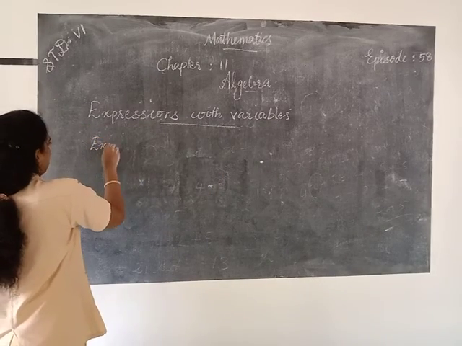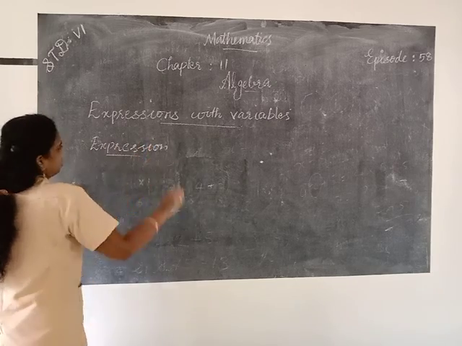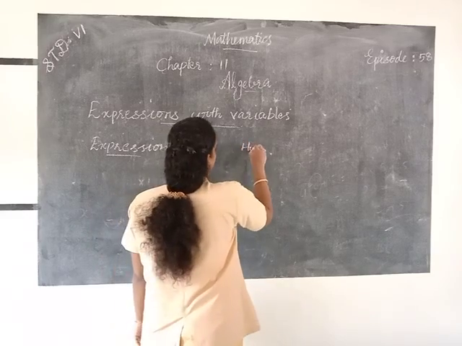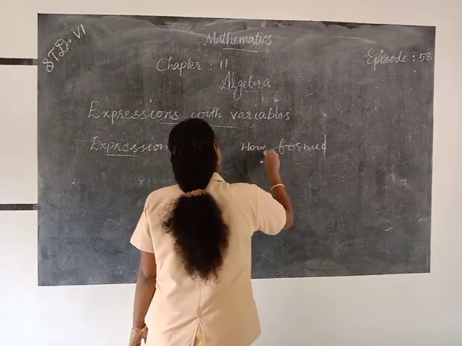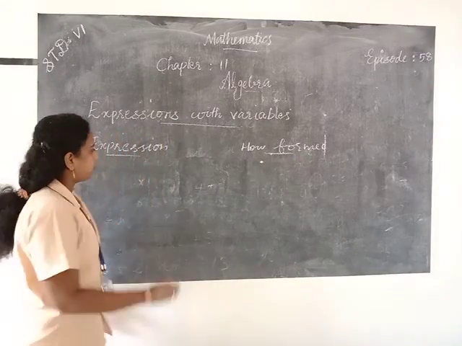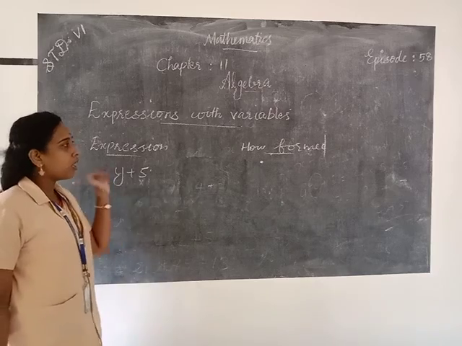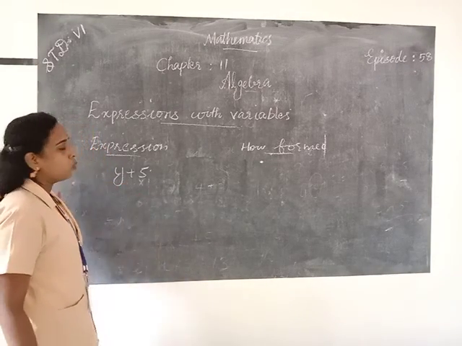In your textbook some expressions are given, and how is the expression formed? The first one is y plus 5. How is the expression y plus 5 formed? Yes, 5 added to y.